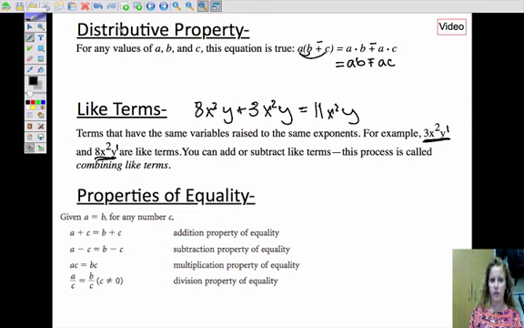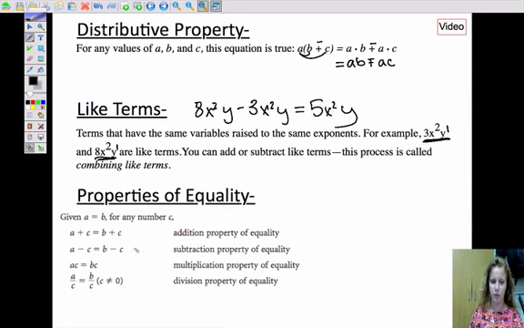Okay, now if instead of adding, we subtracted 8x squared y minus 3x squared y, then we'd have 5x squared y. All right? This process is called combining like terms. Again, something that you should have heard before.